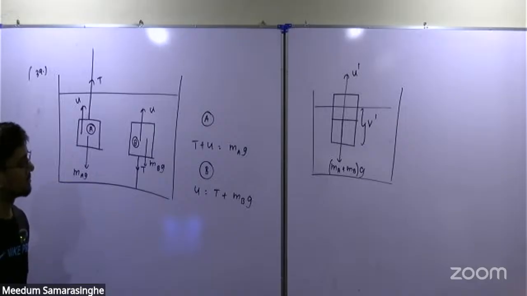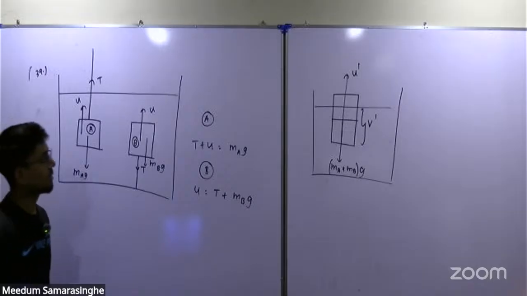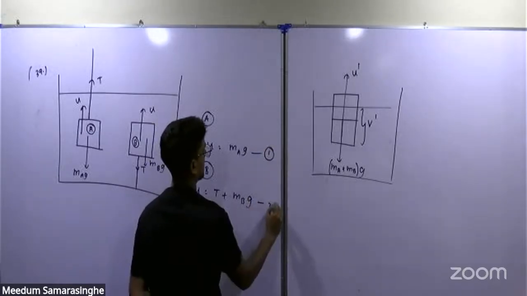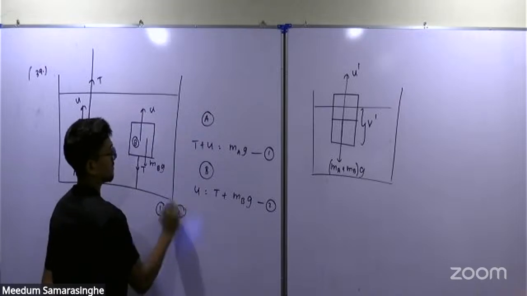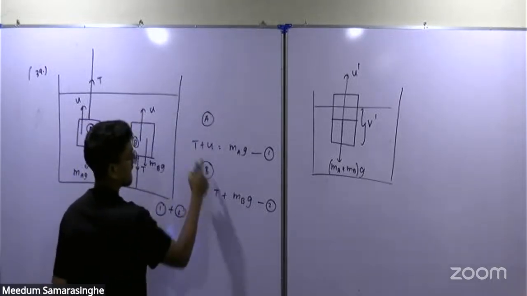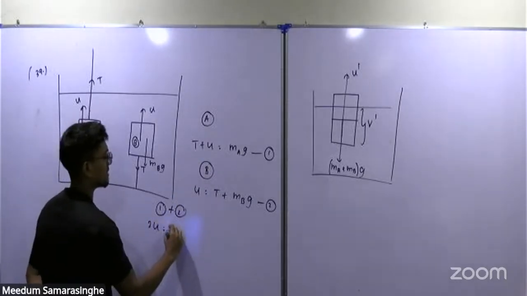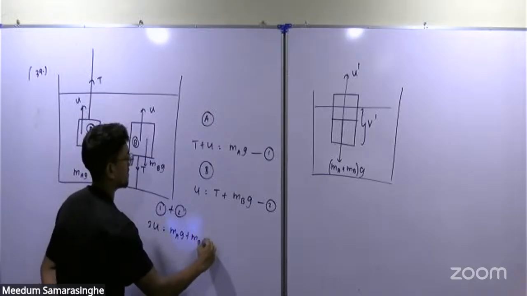How to do this? Now you can add these two. This is the first one, this is the second one. When you add the first one with the second one, T and T are gone. You have 2 times upthrust equals MAG plus MBG.